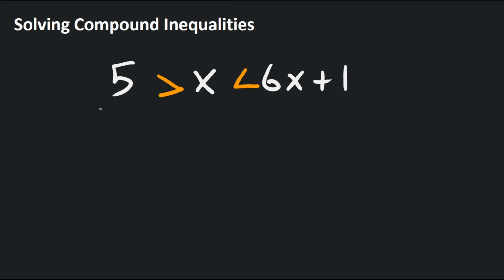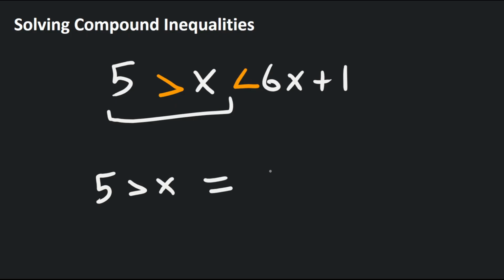And keep in mind how I'm reading it. I'm saying x is less than 5. Even though this looks like a greater than symbol, this can also be read left to right as 5 is greater than x. So 5 is greater than x is the same thing as x is less than 5. That's really important.